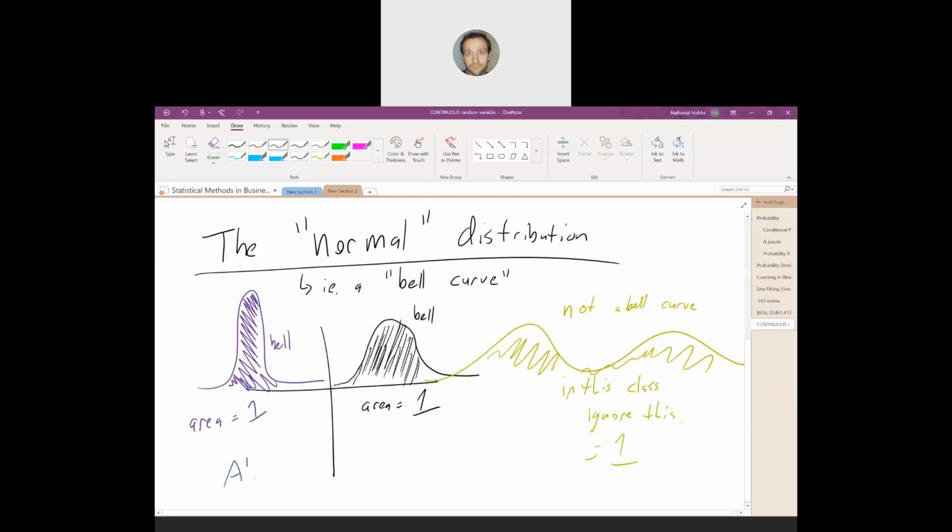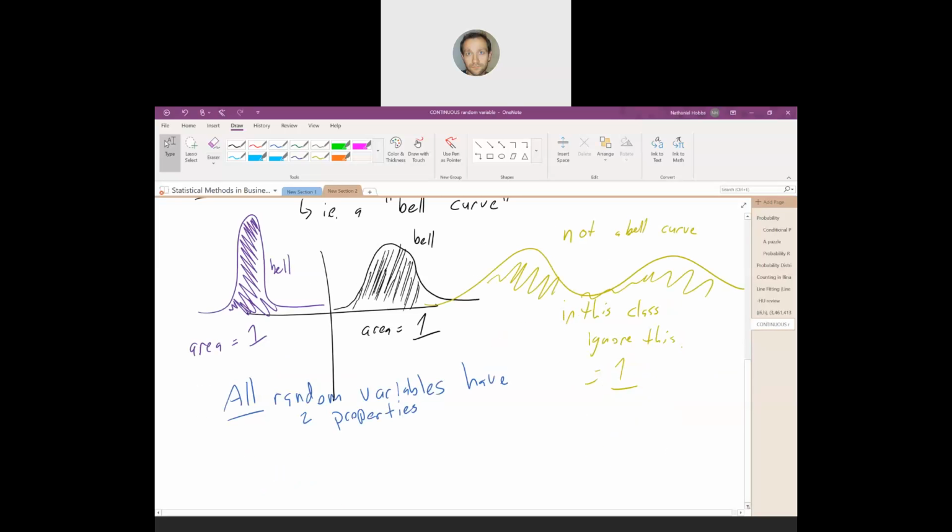I haven't emphasized this in class before, so I forgive you for not knowing the answer, but maybe you can ascertain an answer to this. All random variables, all probability distributions, have 2 different numbers that you can talk about to describe them. Do you have any idea of what one might be?